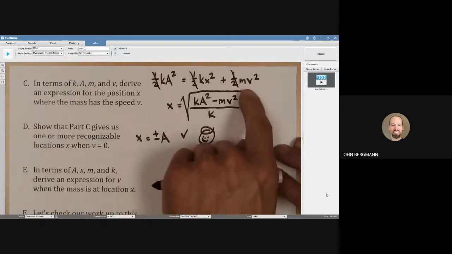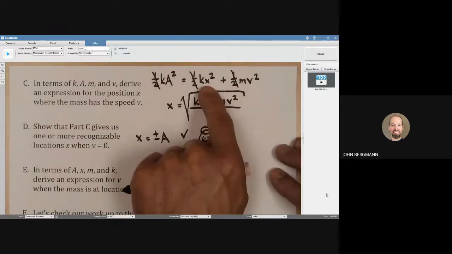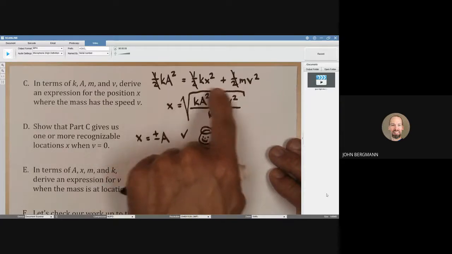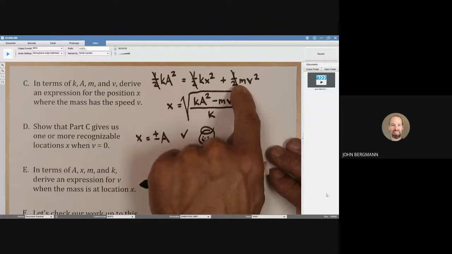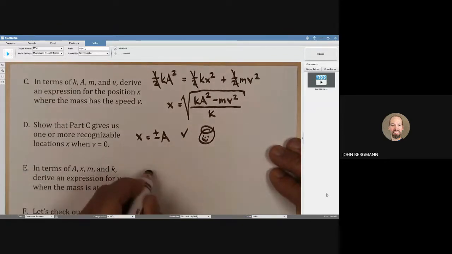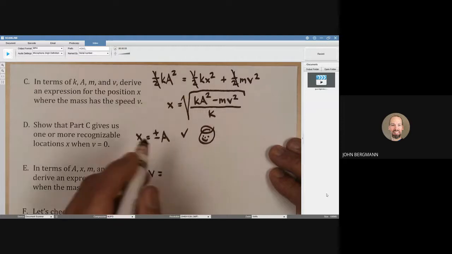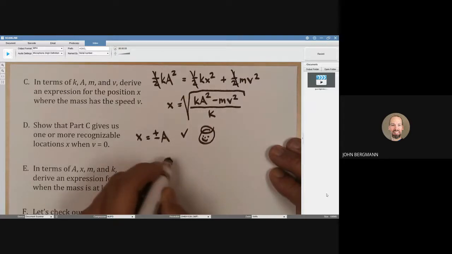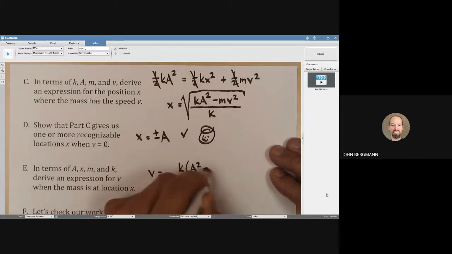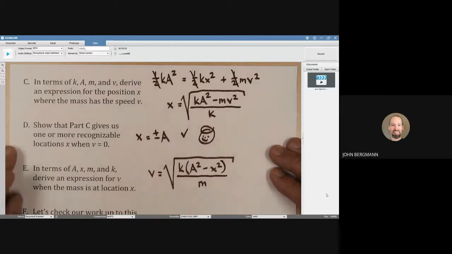If we were solving this for V, wouldn't we take this kx squared term and put it on the left where it would become negative, divide by m, and then take the square root. You check and see if this comes out okay. We're going to subtract. I'm going to factor out the k too. Okay, a squared minus x squared divided by m, square rooted.